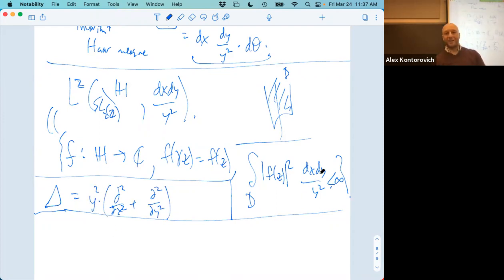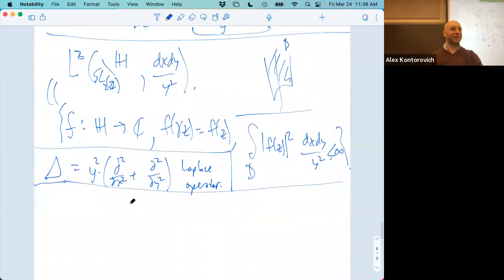So this is the thing that exactly counteracts the fact that we have a Euclidean metric divided by y squared. So this is the Laplacian. Where it comes from, yes. So there's a general formula for the Laplacian in terms of what the Riemannian structure is, and there's a calculation.